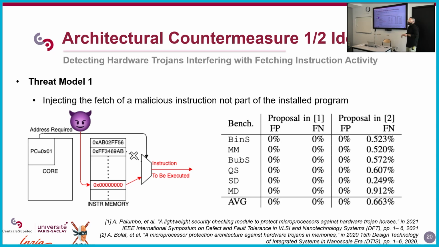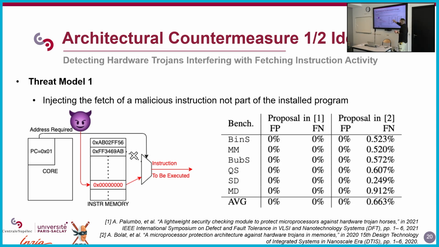False negative means an attack which we are not detecting, and a false positive is a safe run which we are signaling as an attack. So a false alarm is a false positive, and an undetected attack is a false negative. In this implementation, we have some false negatives.